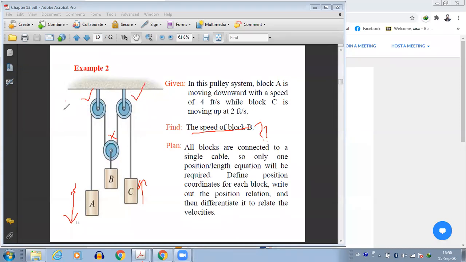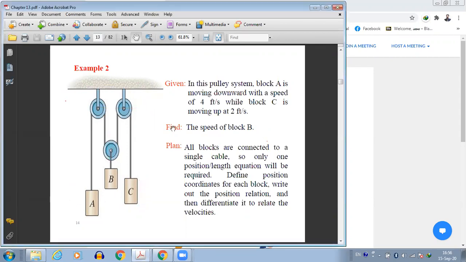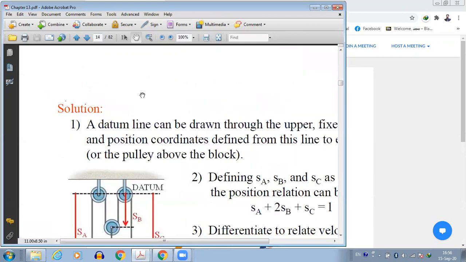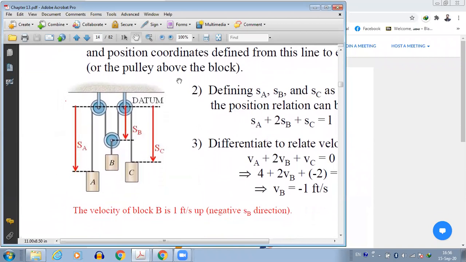Then we draw a datum line at the reference, then specify the variables.